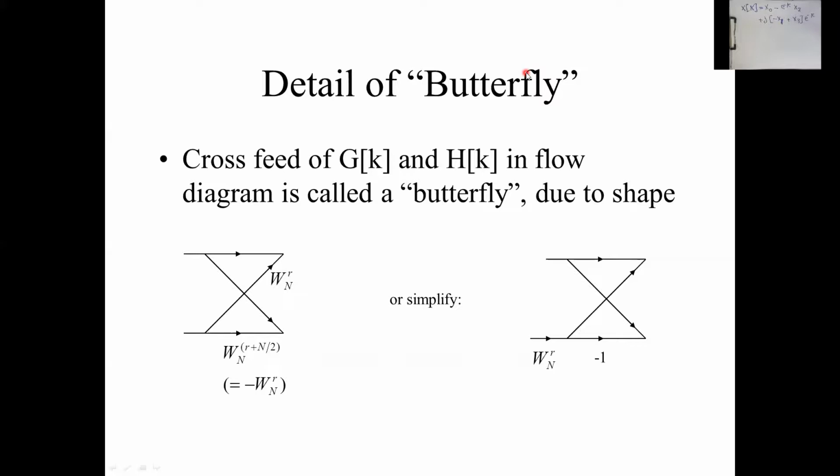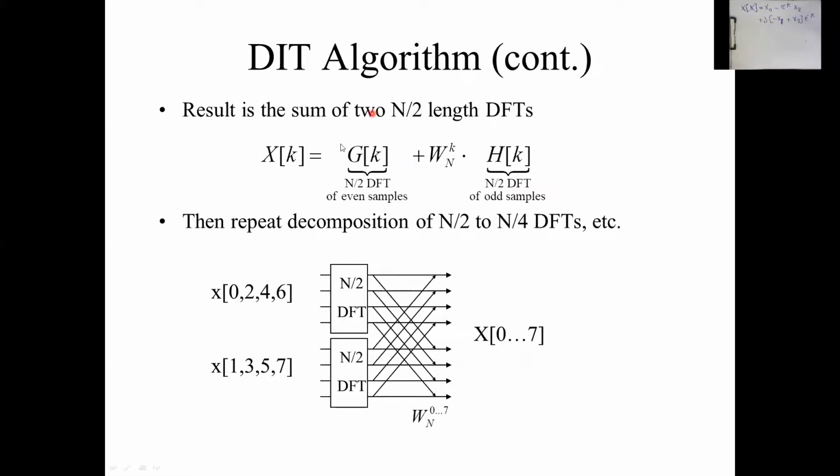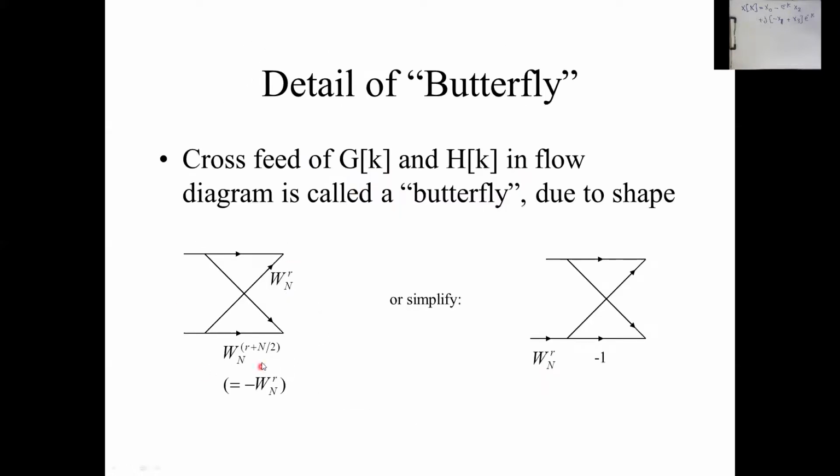It is simply called a butterfly model because what you are doing is some sort of cross multiplication, as in a butterfly. So, for example, we separate the x of k into g of k and h of k, where g of k represents the even part and h of k represents the odd part. So whenever we are doing this even and odd term, we are doing some sort of a butterfly.